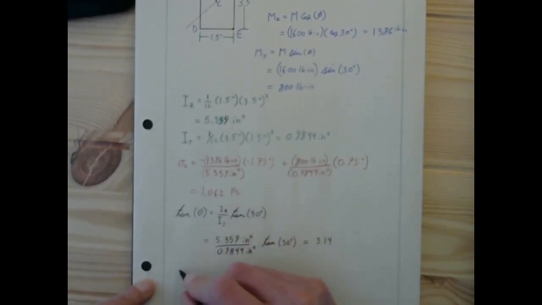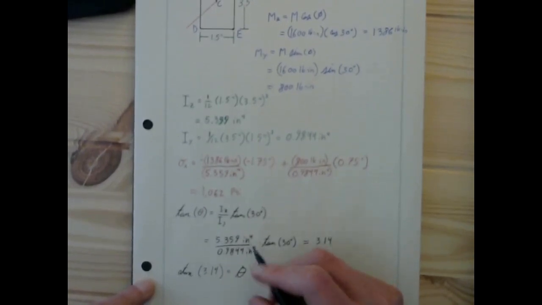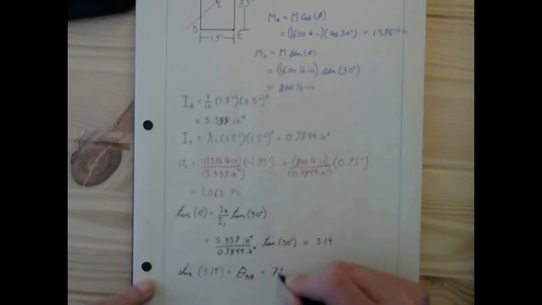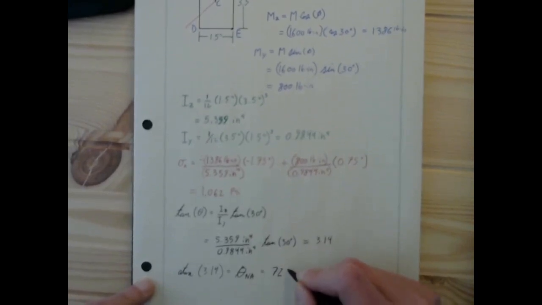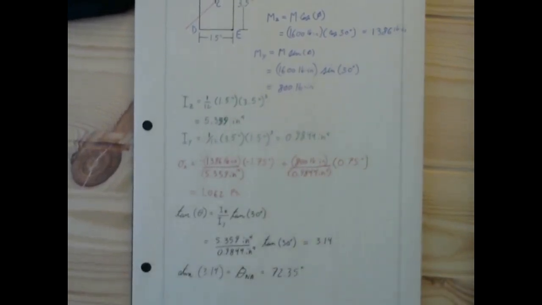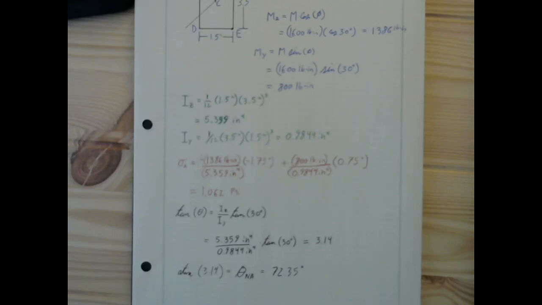So we can say that the arctan of 3.14 is equal to the angle of our neutral axis, which is going to give us 72.35 degrees, which is noticeably not what we had before, or not 30 degrees from the vertical.